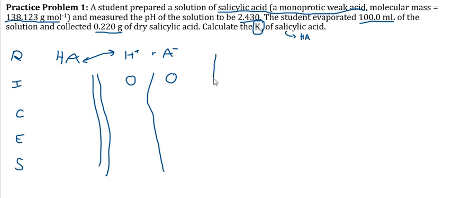Okay, so basically here is my beaker of solution. We know the volume of the solution, which was 100 mL. And once we evaporate that 100 milliliters off, we're left with a certain amount of salicylic acid.